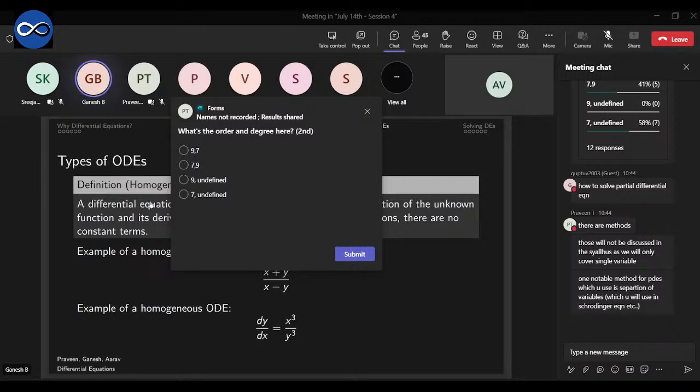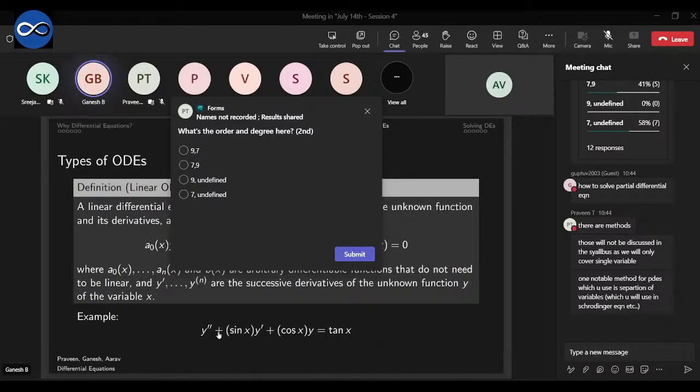So if that holds for the function in this differential equation, then you call it a homogeneous differential equation. You can also see it as a differential equation with no term with just x. Say here, in this example, you have something like f of y double dash, y dash and y equals tan x.